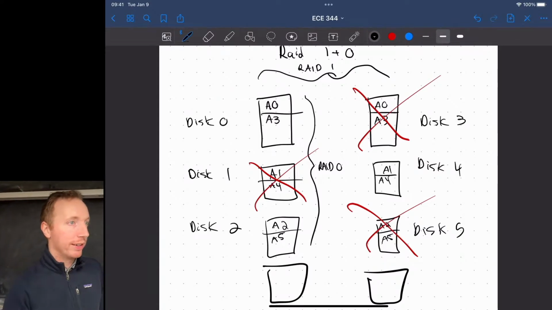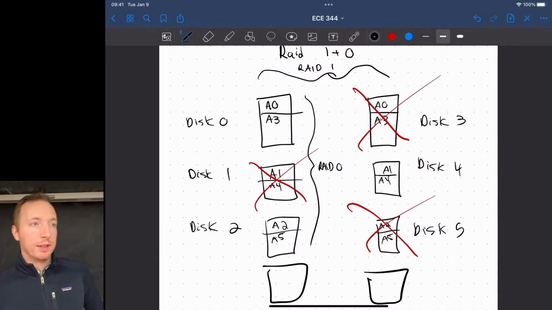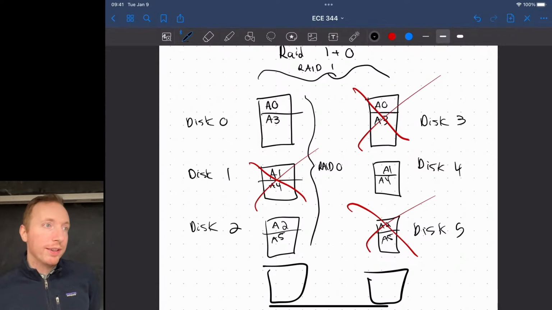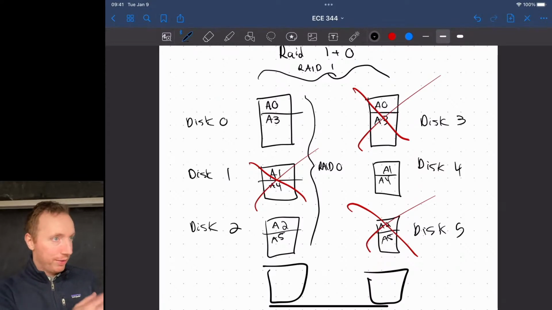Yeah. How long does it take for a disk to fail? Because I've never had any failures. So the question is, how long does it take a disk to fail? So there's a distribution of failures. Off the top of my head, it really depends on what drive you buy and who makes it.